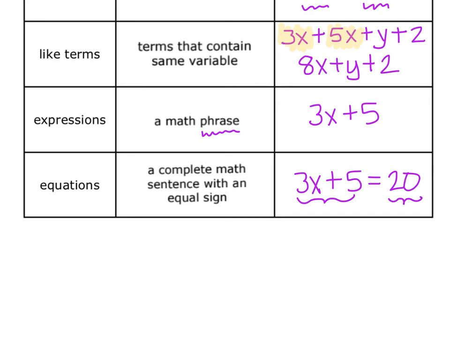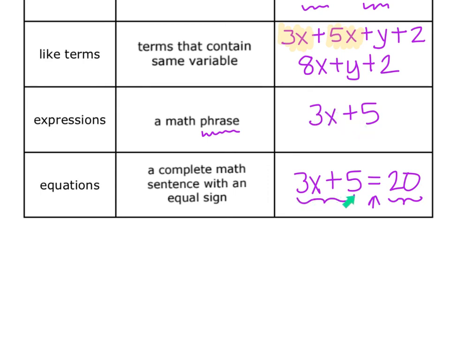When I put them together with an equal sign, I have an equation. So if you notice up here when I have an expression, I don't have an equal sign. I'm not solving it. It could be any number I want to put in here. I could put 1, 0.5, 85, whatever number.